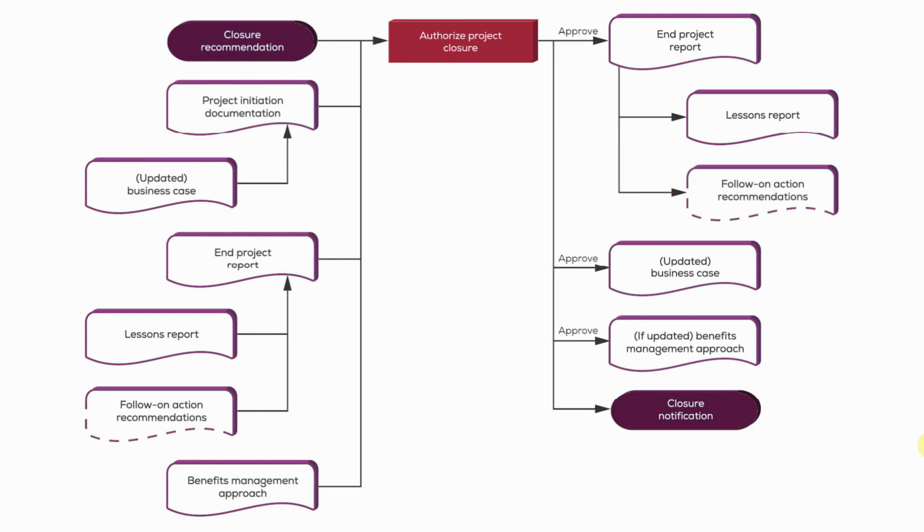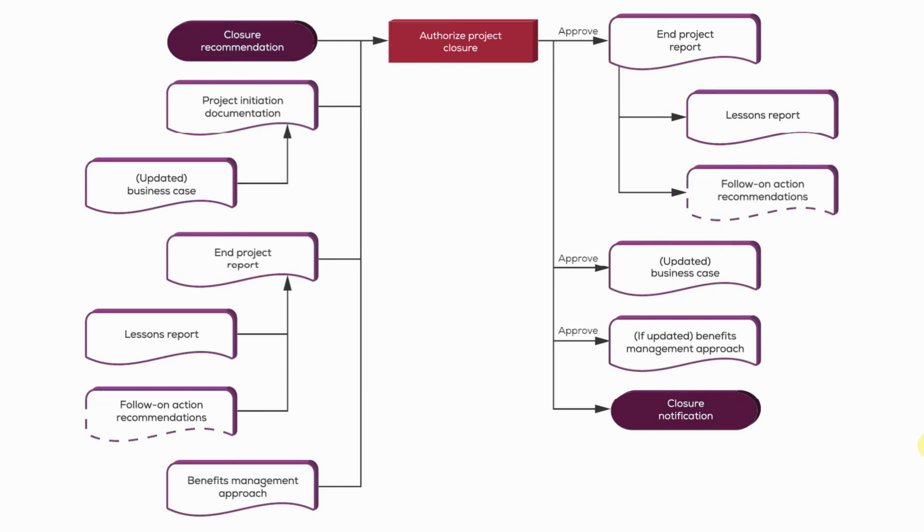So these are updated documents, potentially updated benefits management approach. They will need to be approved. So you'll see here on the right, we approve the end project report, and in doing so, we'll approve the lessons report, approve follow-on actions or follow-on recommendations, approve the updated business case, and approve the updated benefits management approach if it has been updated.